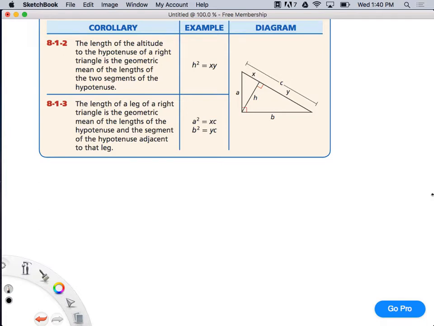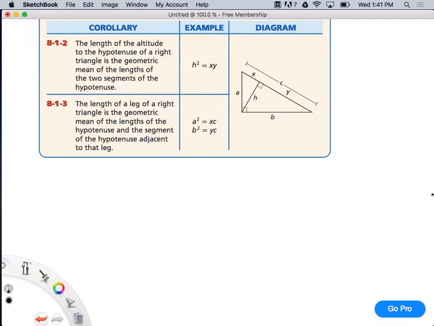Now, next. When we see this as problems, will they have the XY thing or will they actually have numbers? They'll have numbers. And you'll have to be able to figure it out. Because look, so now the next is a squared equals xc. So take a look at this. A, I'll put in blue, and x I'll put in blue. You see how they're both on the same side of that altitude?